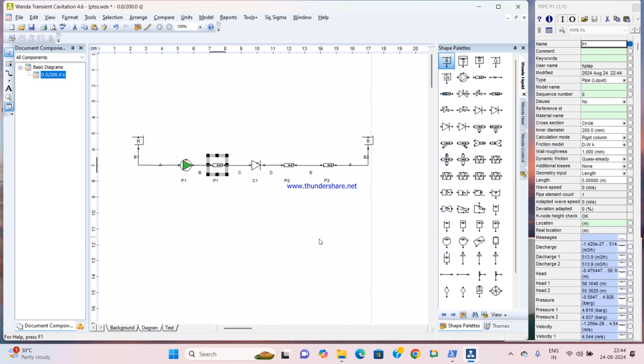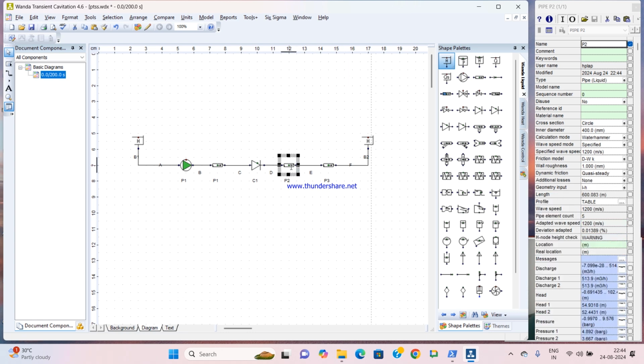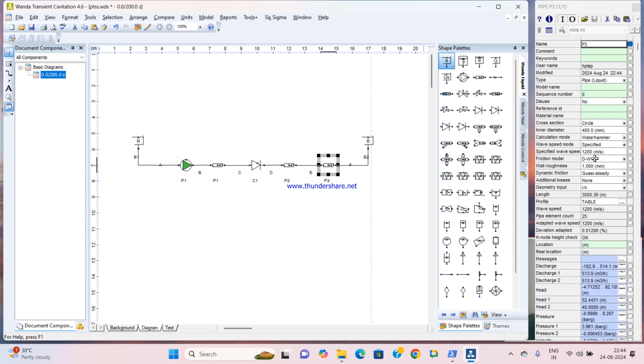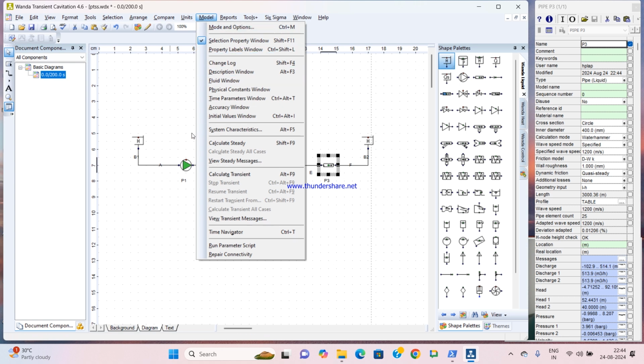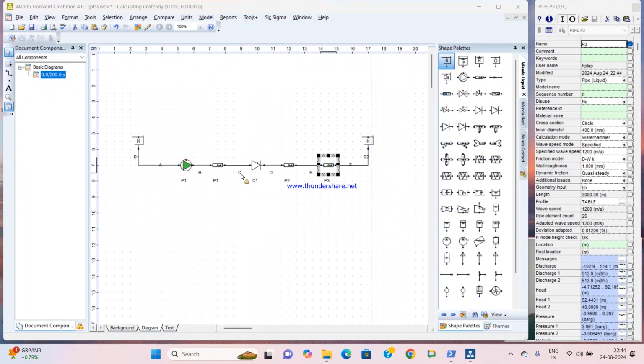I am assuming it. Okay, and likewise earlier I have given the specified wave speed of 1200 meter per second, and this also 1200 meter per second wave speed is given. Now let us calculate the transient.